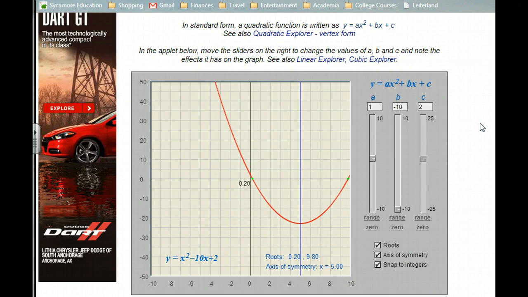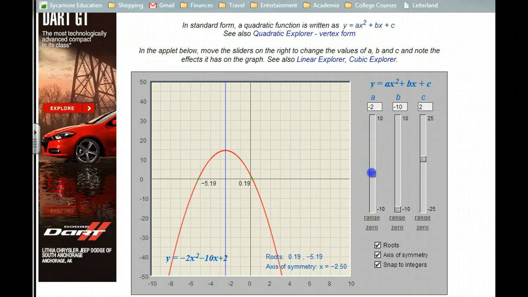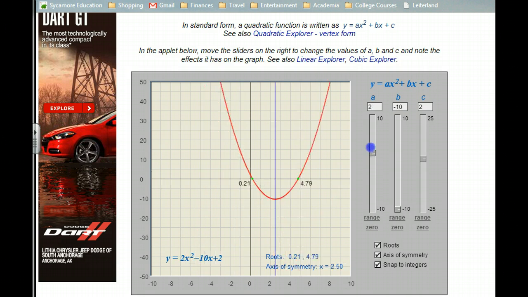In fact, let's see if it does that. What do you think it's going to do if I make that a 0? Make it flat. Yeah, it's going to make a straight line. Let's see if it does. Yep, there you go. When I go smaller than 0, negative, it's going to flip upside down. Okay? So the A value changes as it gets smaller, it gets fatter and fatter and fatter until it's a straight line, and then it starts curving the other way.